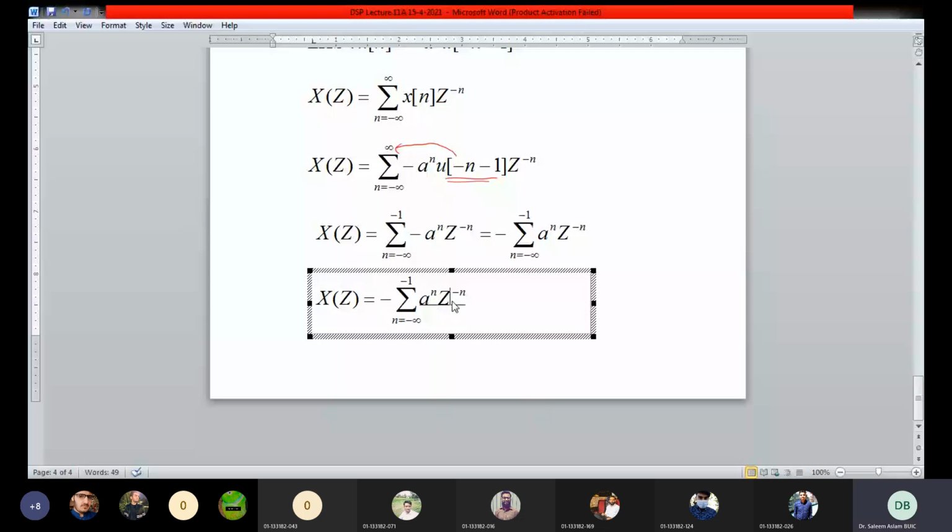So I can write this as minus, a z inverse, to the power n. Let me remove this n minus 1. Okay, we keep it like this, it will be better.